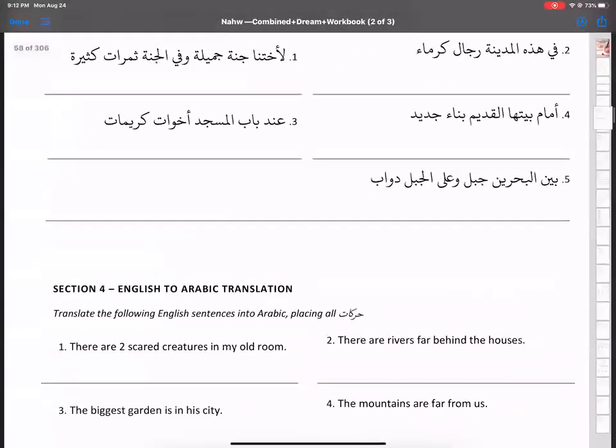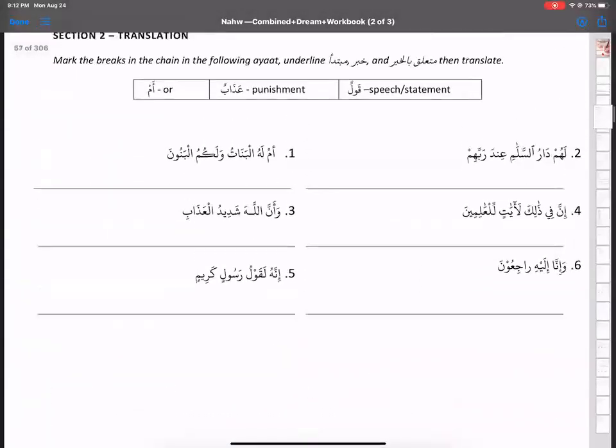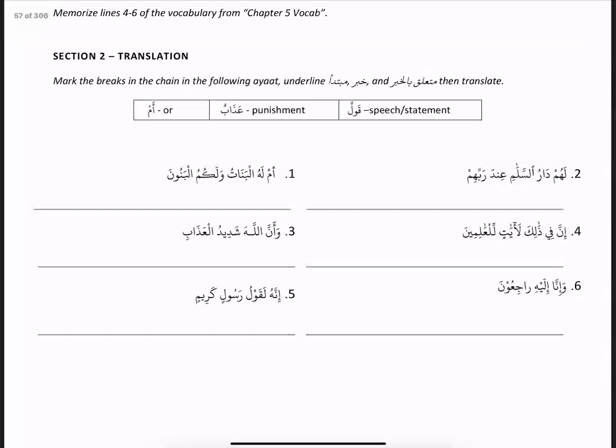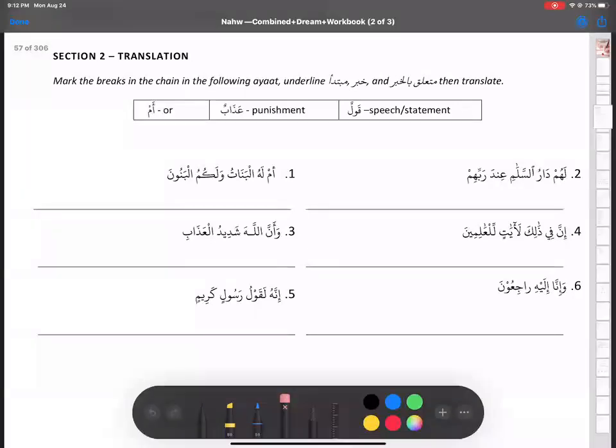Yeah, page 55. Yes, this one over here. Okay. So lahum is what? MBK. Okay.